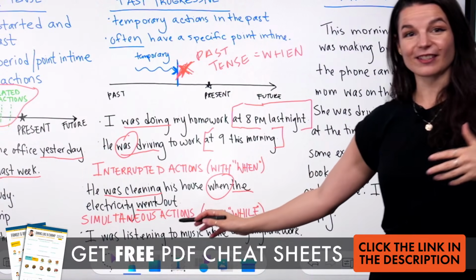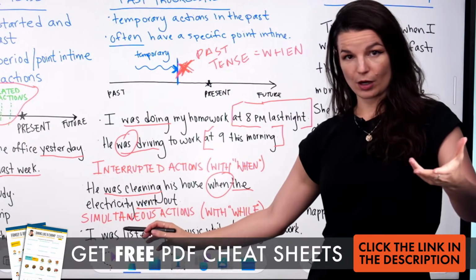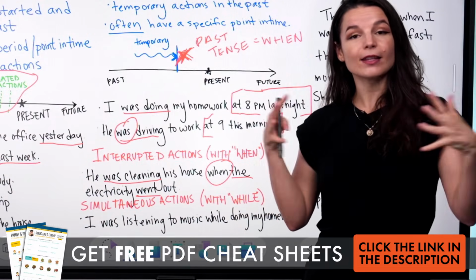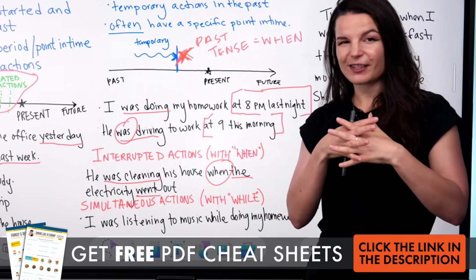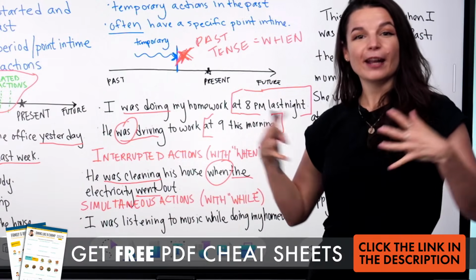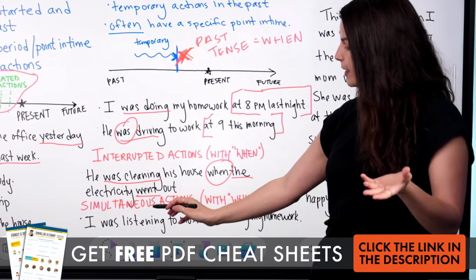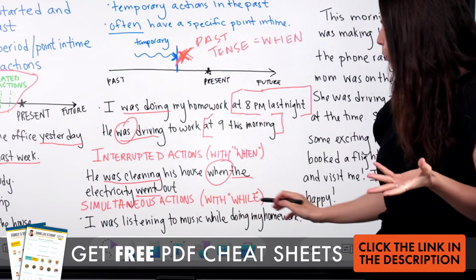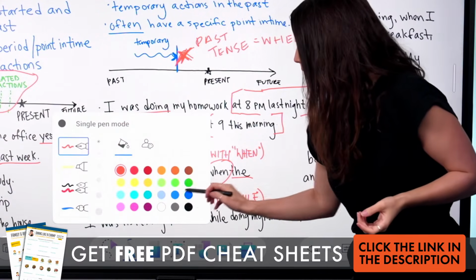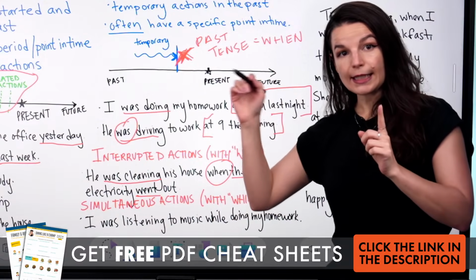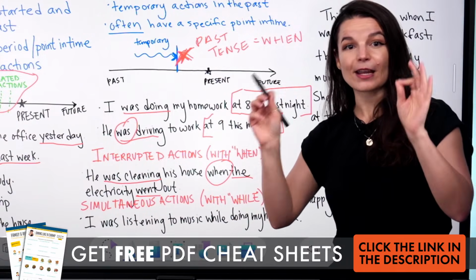Simultaneous actions. Simultaneous is maybe a big new word, right? Simultaneous actions means actions that happen at the same time, yeah? Very simple, big word, but it helps us express something very simply. So what does this mean? Simultaneous actions with while. This means, I'll put this in green, we want to express two continuing actions at the same time.